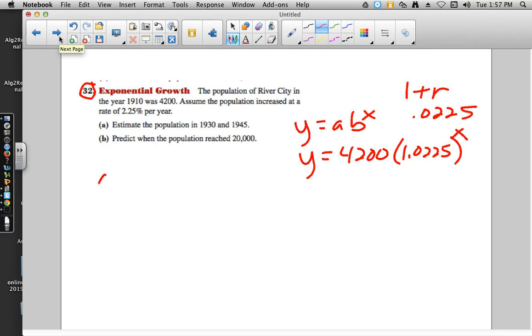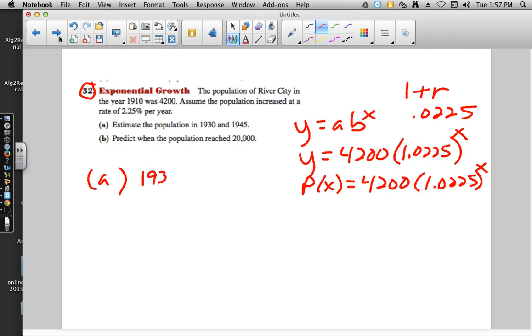And for A, it says to estimate the population. At this point, I might want to fancy this up a little bit and maybe make it P of X with the function notation. And if we want to know about 1930, well, 1930 minus 1910 is going to give us 20 years.